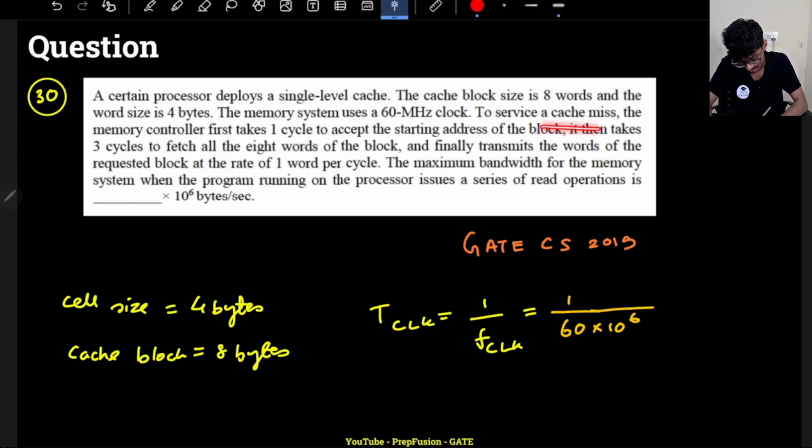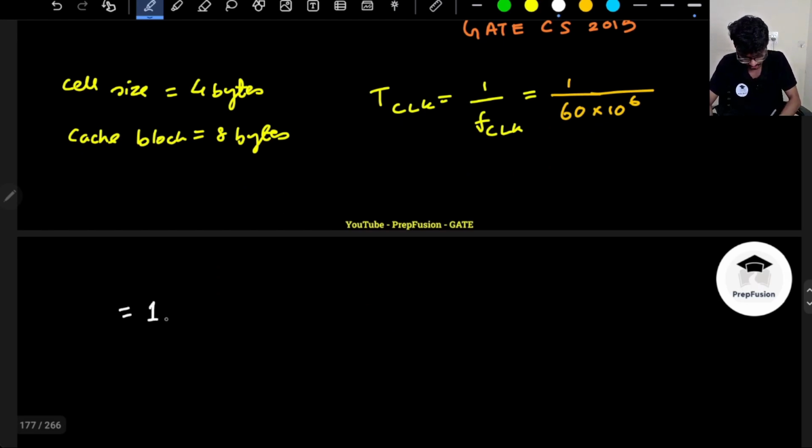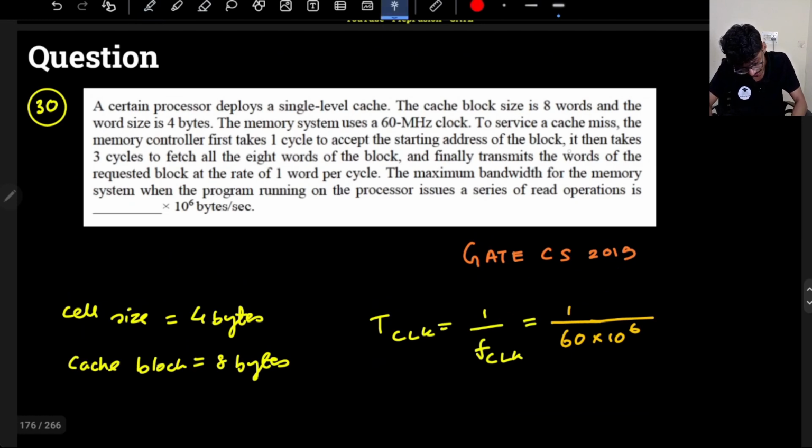Now to service a cache miss, the memory controller first takes one cycle to accept the starting address. This is not dependent on the cell size, so one cycle anyway. Plus, they say it then takes 3 cycles to fetch all the 8 words of the block. I'm sorry, the cache block size is not in bytes, it is 8 words.